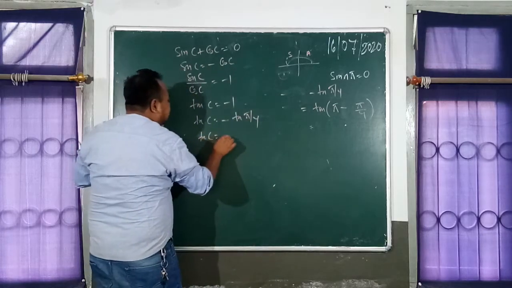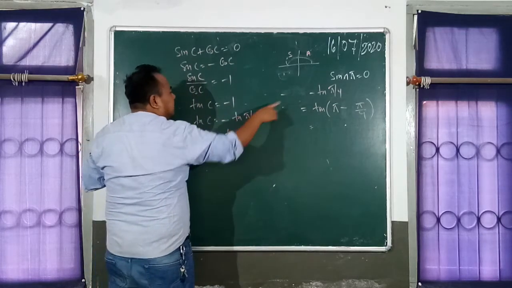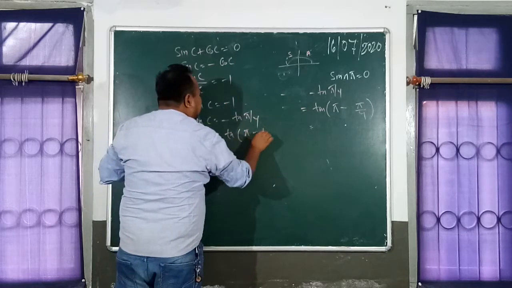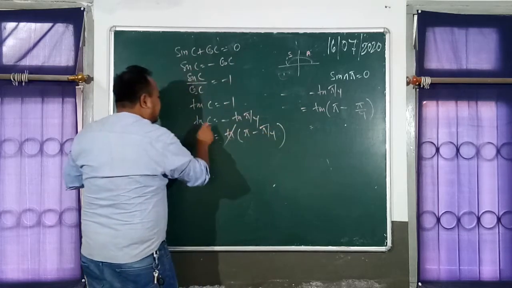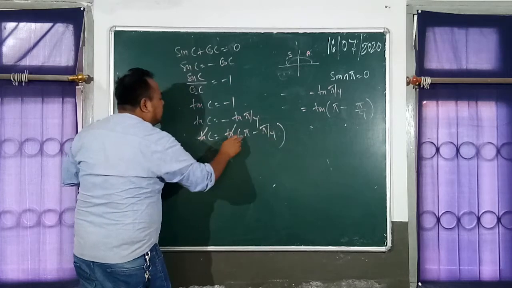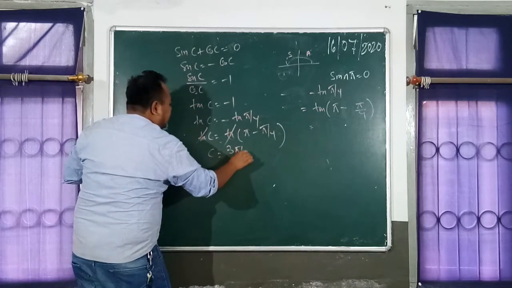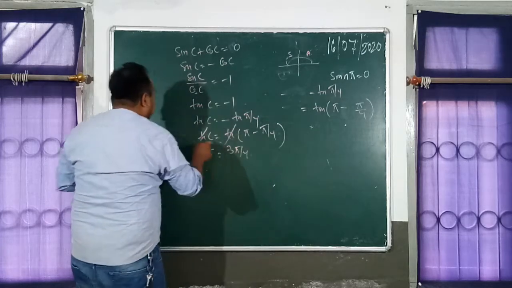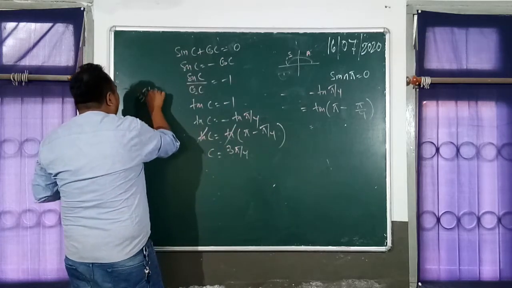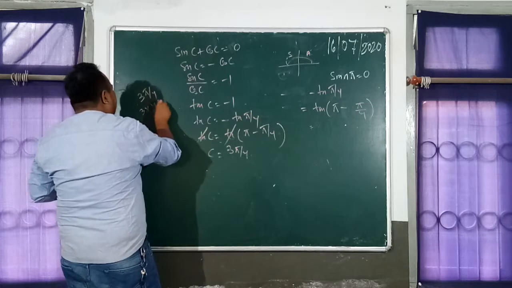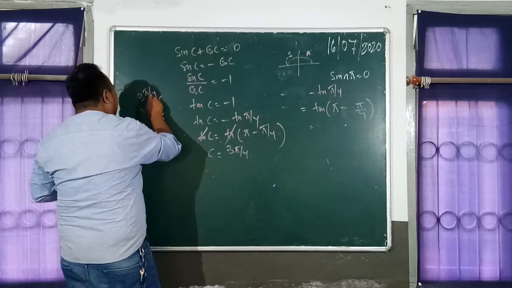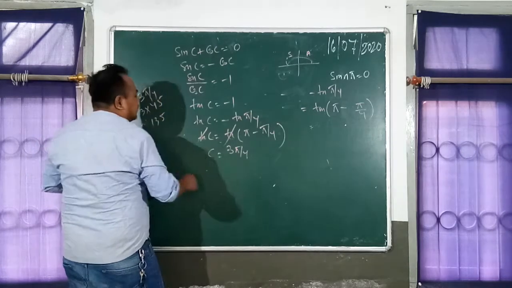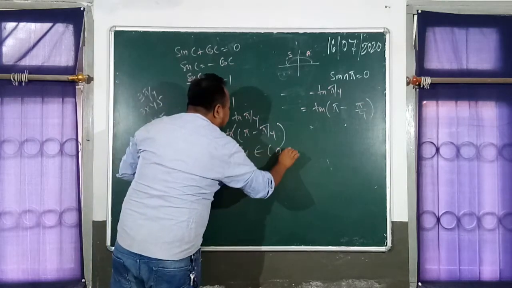So I'm going to write tan c equal to tan, minus tan pi by 4 will be written as tan of pi minus pi by 4. Tan and tan get cancelled, so c equal to pi minus pi by 4. This becomes what? 3 pi by 4. And doesn't 3 pi by 4 lie between 0 and pi? Because see, 3 pi by 4, pi is 180, so 3 fours are 12, 4 fours are 16, so 3 into 45 is 135. So it lies between 0 and 180.